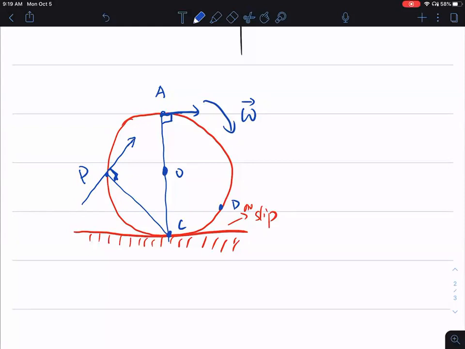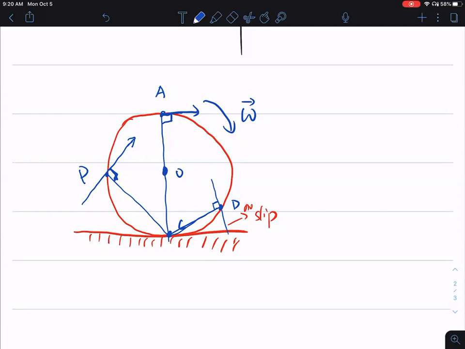How about the direction for point D? You can use the same method, right? Connect point D and the instant center and draw a perpendicular line. And now you have the direction. But is that going up or down?